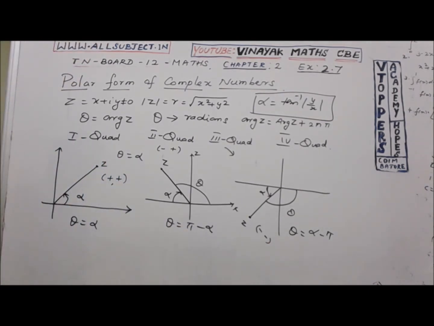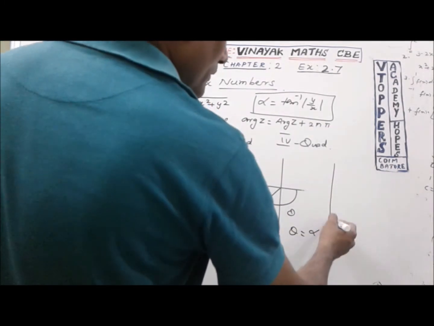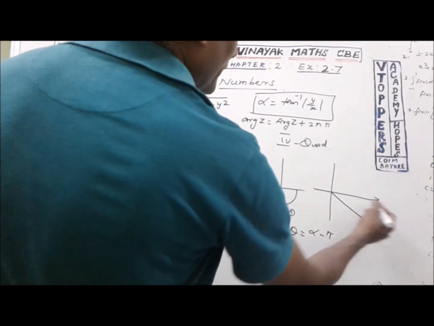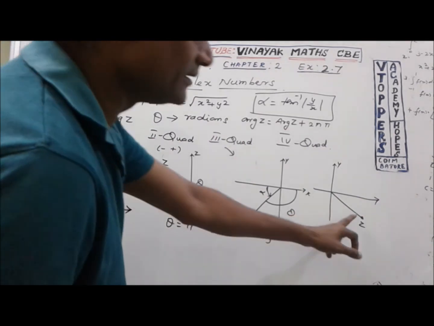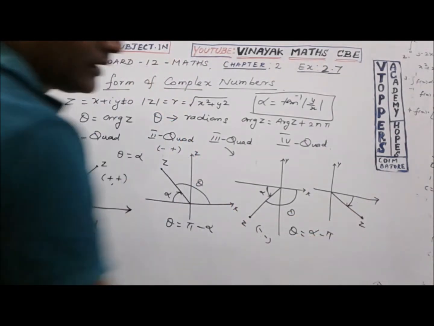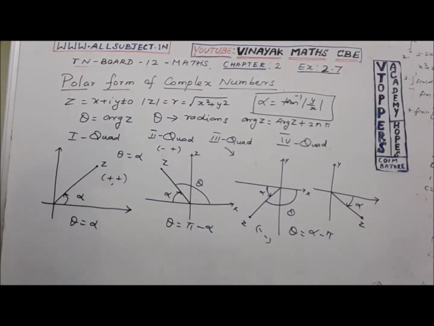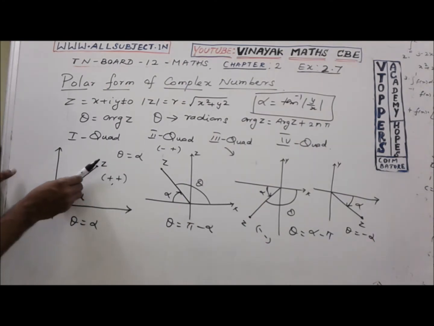And for the fourth quadrant, if it lies in the fourth quadrant, here the complex number z is taken with x and y. Its angle value is taken as minus alpha, theta equal to minus alpha, because it is a mirror image of the first quadrant.